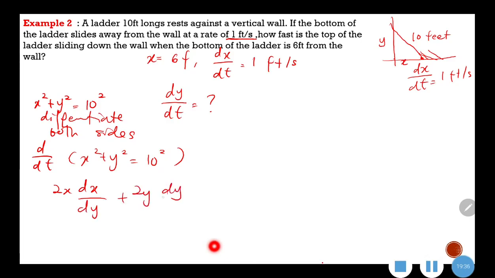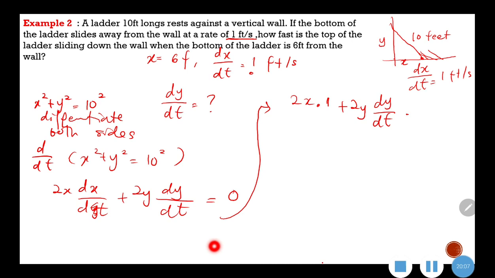So we know that 2x, and dx dt is 1, plus 2y dy dt equals 0.